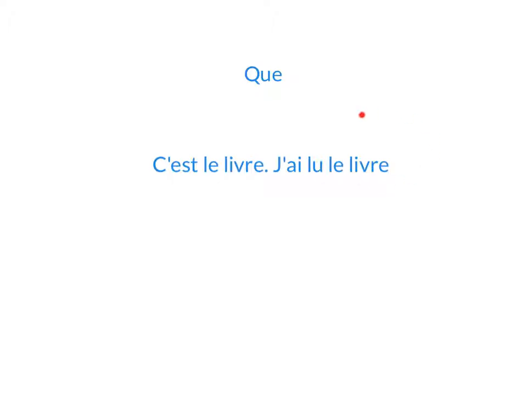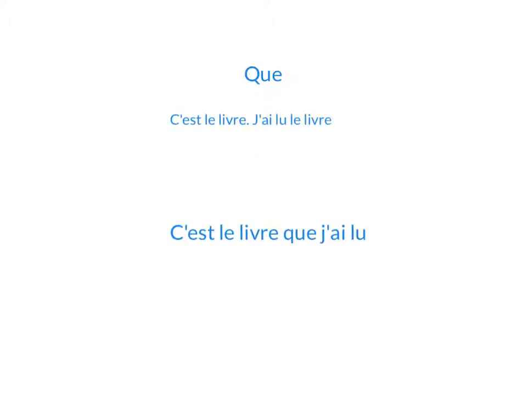Le livre is the object of the verb lu. When I want to replace the object of the verb, what I'm going to use is que. C'est le livre que j'ai lu. Again, what we notice is that the que comes this time just before the subject of the next verb.